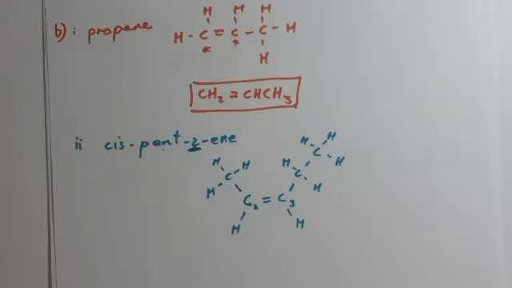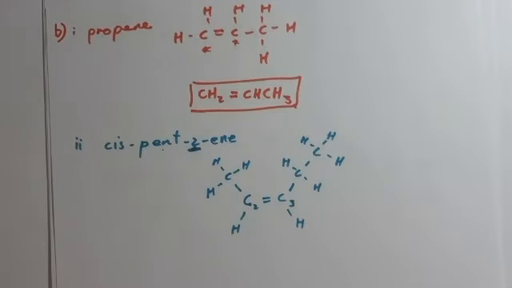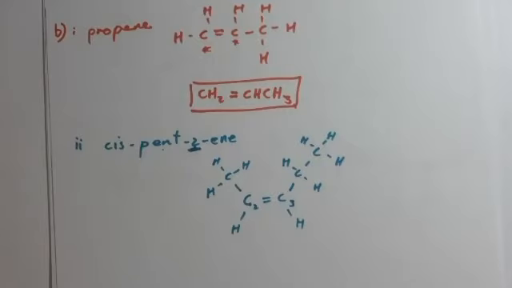You can't have that, because you have two of the same groups, a hydrogen and a hydrogen, on a carbon. So when we name a molecule, we always give the lowest carbon number that my double bond is attached to. So if it's a 2, then it's between carbon 2 and 3. If it's a 1, then it's between 1 and 2. Makes sense to you?